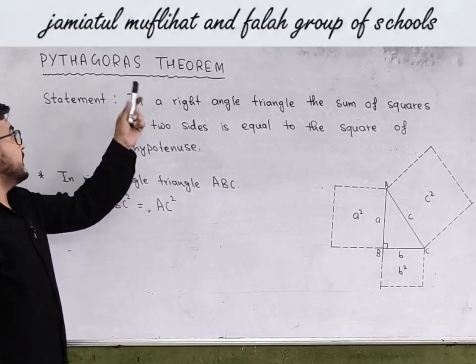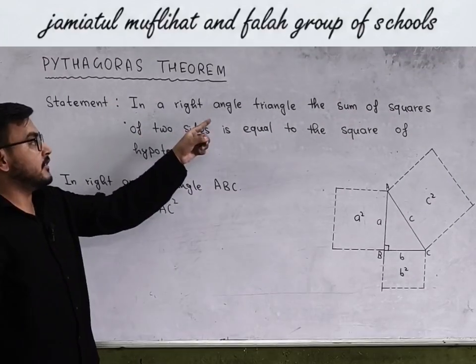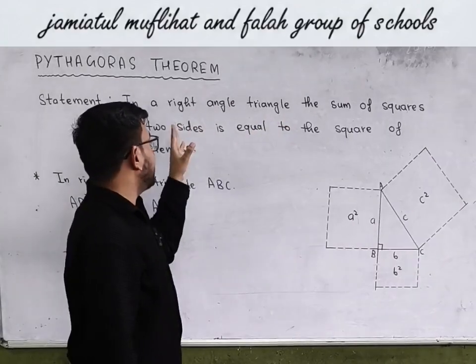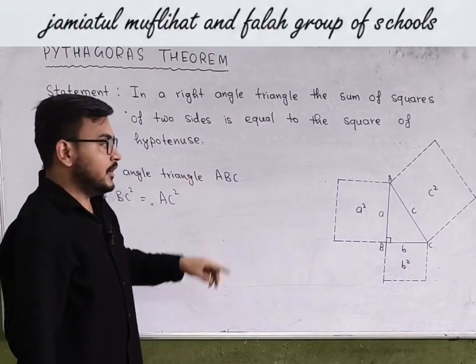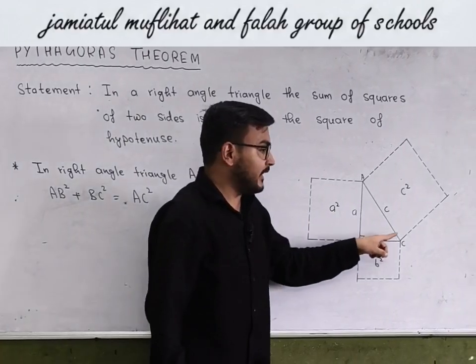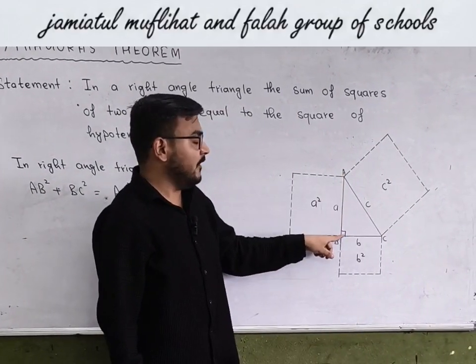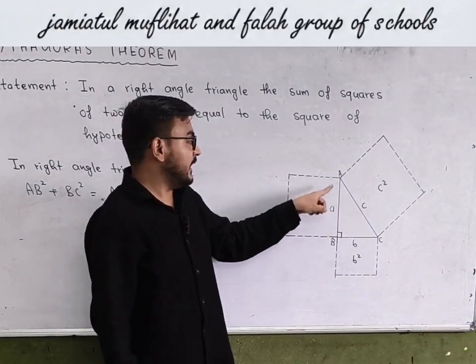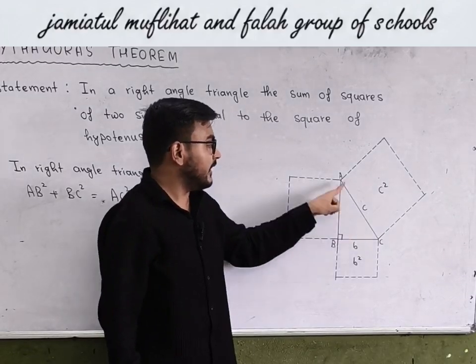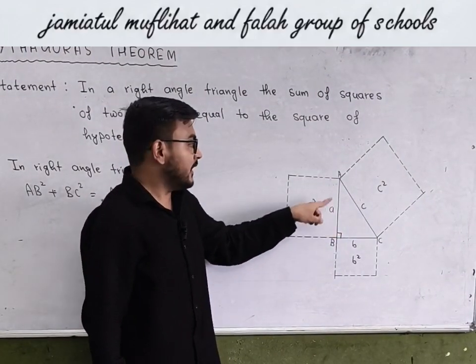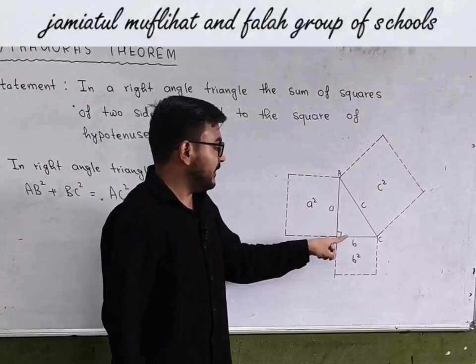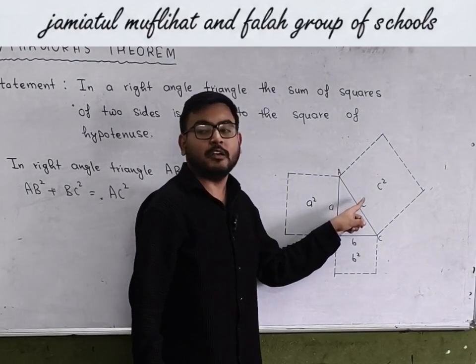The Pythagoras theorem states that in a right angle triangle, the sum of squares of two sides is equal to the square of hypotenuse. A right angle triangle has three sides with one angle of 90 degrees in it. So here we are having this right angle triangle, that is A, B and C. Here the right angle is at B. Now we will call AB as a, BC as b and AC, that is our hypotenuse, as c.